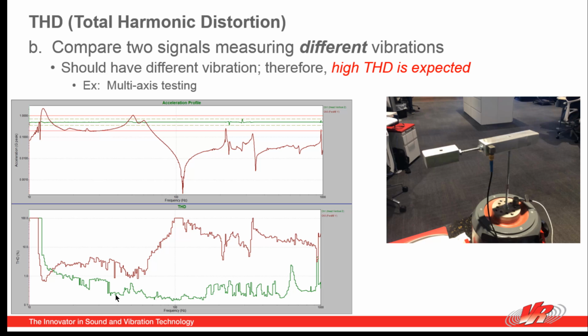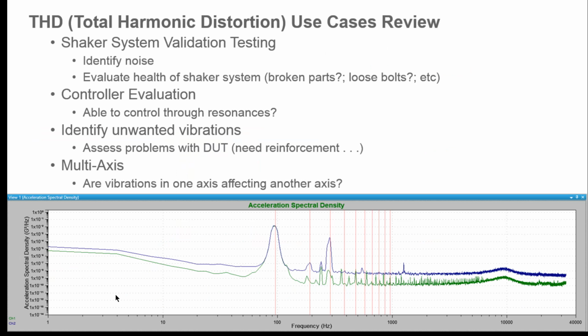So there's an example of total harmonic distortion and where we might use that, and we summarize them here. Anytime you would be doing shaker validation testing to identify noise or to evaluate the health of your shaker system, if you are evaluating the ability to control through a resonance, or if you're trying to assess problems with the device under test and whether there are any unwanted vibrations in it, those would all be single axis type test situations.